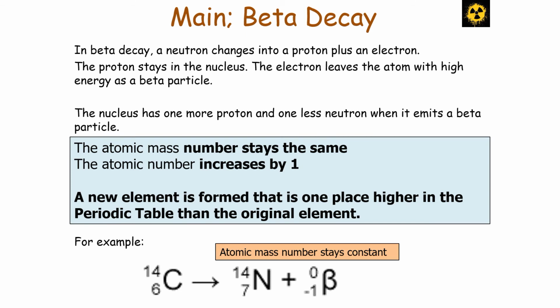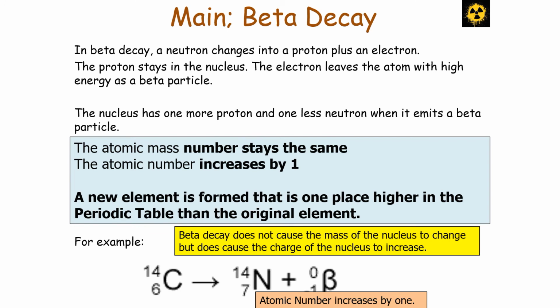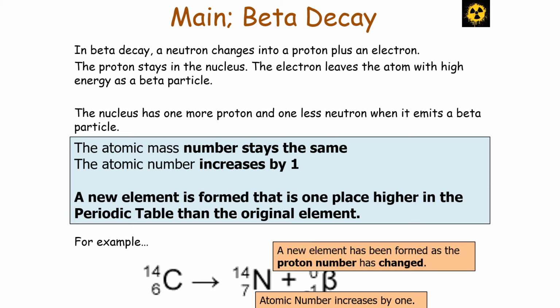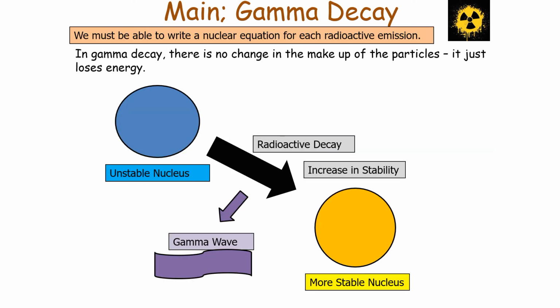Whilst the atomic mass number stays constant, the atomic number increases by 1. So beta decay does not cause the mass to change, but it does cause the charge of the nucleus to increase. A new element is therefore formed as the proton number has changed due to beta decay. We're changing our charge but not the mass, because a neutron is turning into a proton.